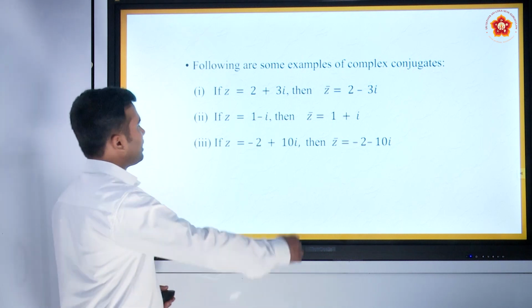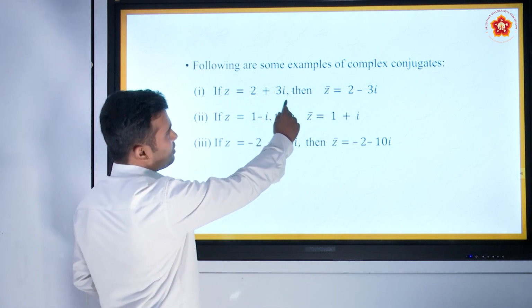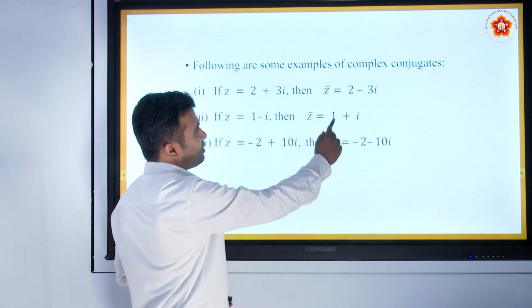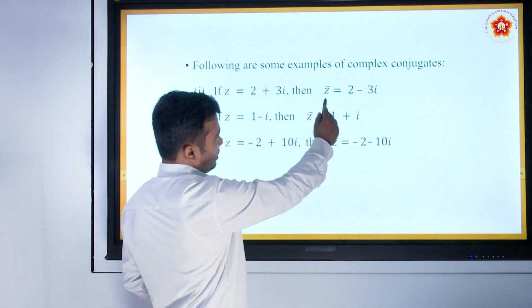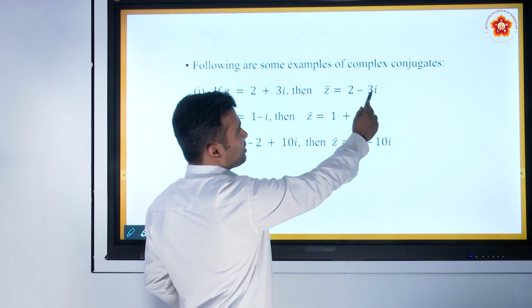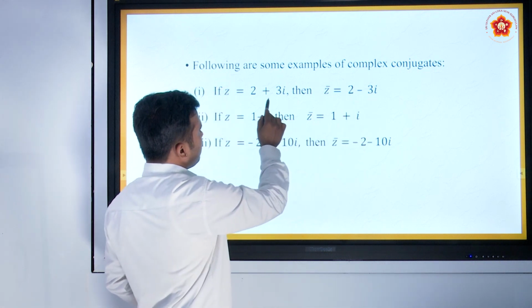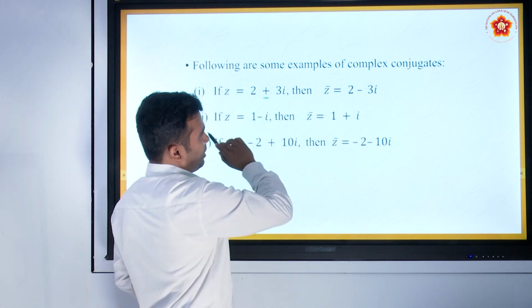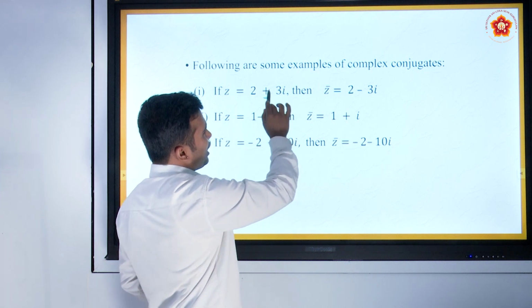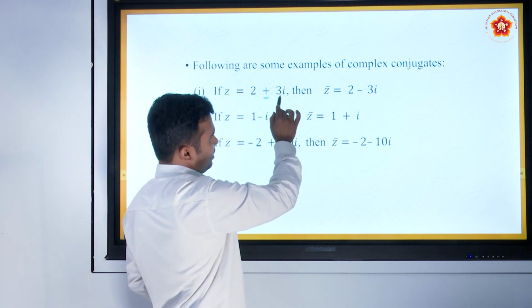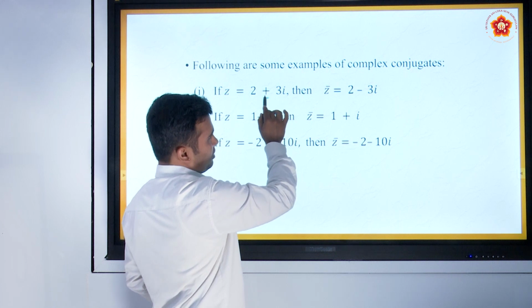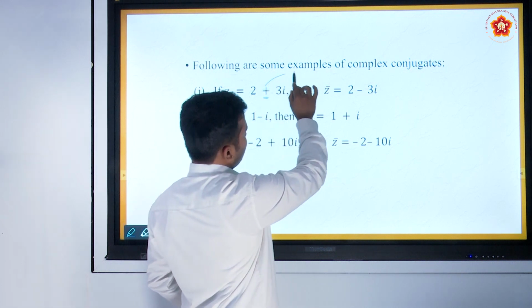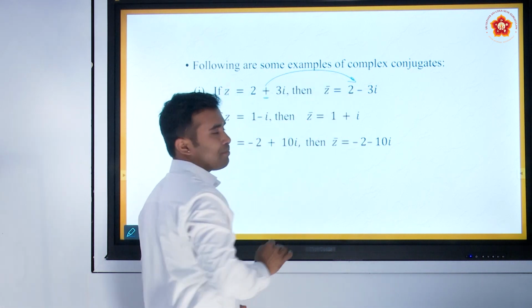Here z is equal to 2 plus 3i, then the conjugate of z is z bar equal to 2 minus 3i. The imaginary part of z is 3 with sign plus, so that plus is changed to minus.